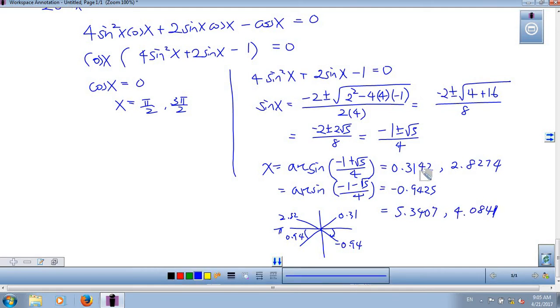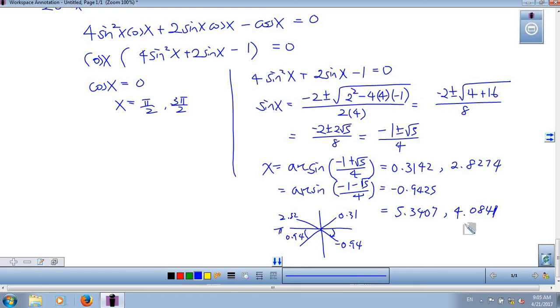If I convert 4.0841 to degrees, I multiply by 180 divided by pi. It's 234 degrees.